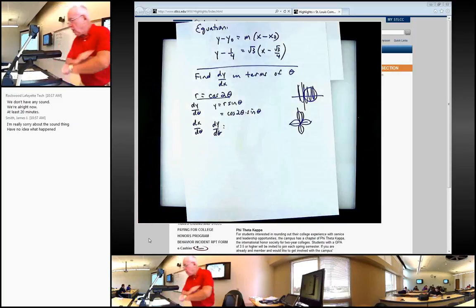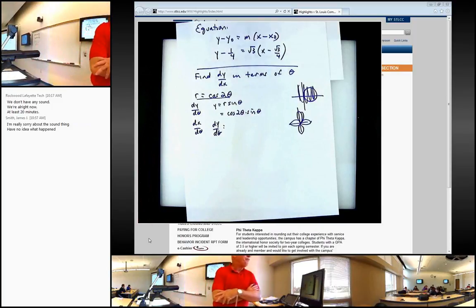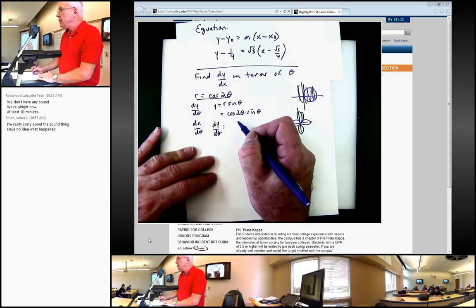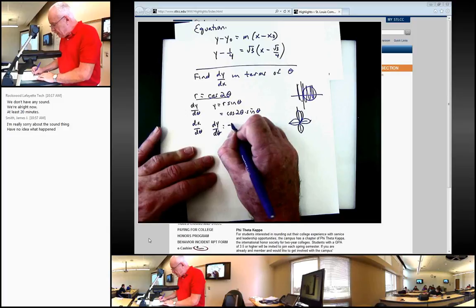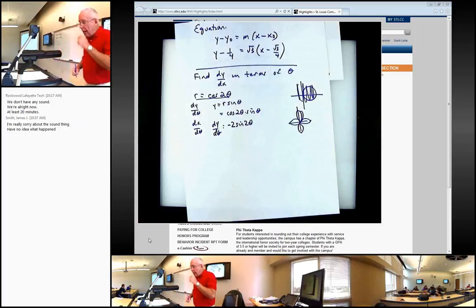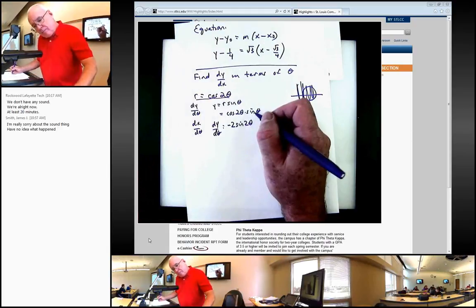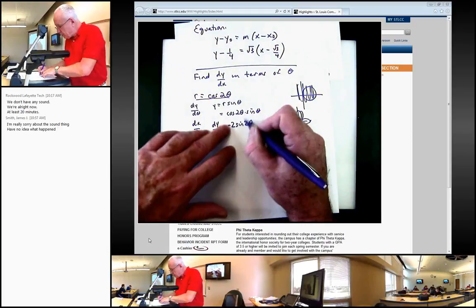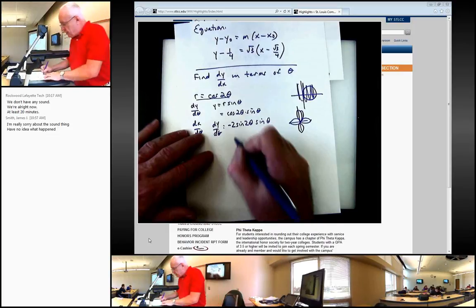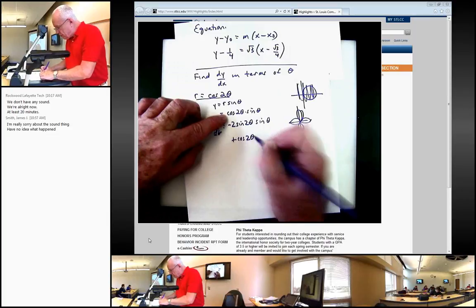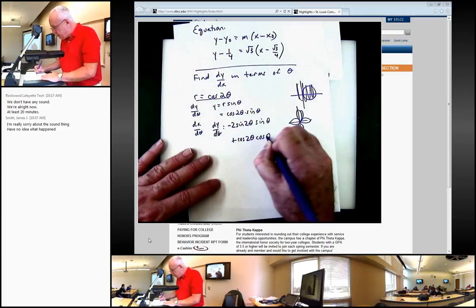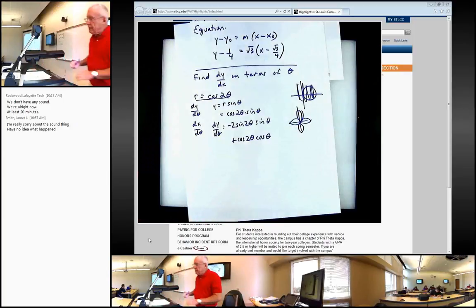We'll use the product rule. The derivative of the cosine is negative 2 times sine of 2 theta, multiplied by sine of theta. Then plus our first function, cosine of 2 theta, multiplied by the derivative of the sine, which is cosine of theta. So that's our dy/d theta.